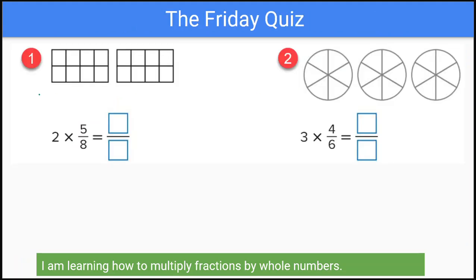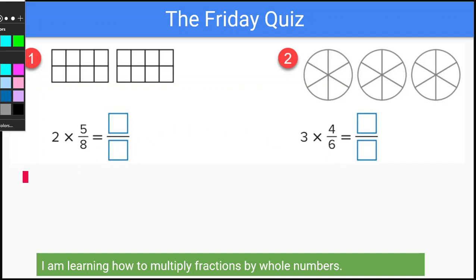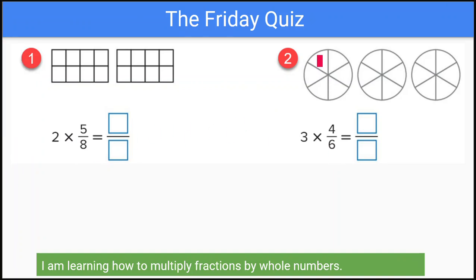All right, on the Friday quiz, they got 2 times 5/8, and then they got 3 times 4/6. I'll do one of these for you, okay? Let me get a highlighter here. Let's make it orange again. All right, well, let's do this one. 3 times 4/6. Well, we've got 1, 2, 3, 4/6. We did it once. 1, 2, 3, 4/6.